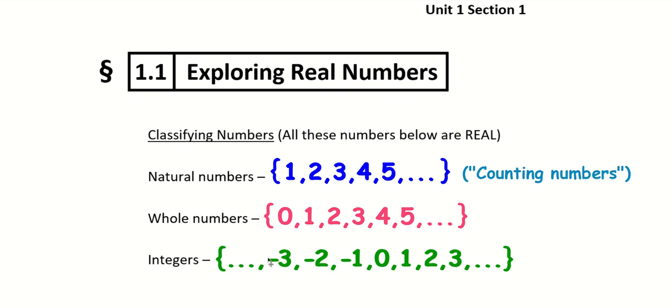So the integers are essentially all of the whole numbers and their opposites. Spoiler about the word opposites: we might even officially go over that vocabulary word later on in this very video, maybe, if I remember correctly. So integers are still pretty nice numbers, just including negatives.